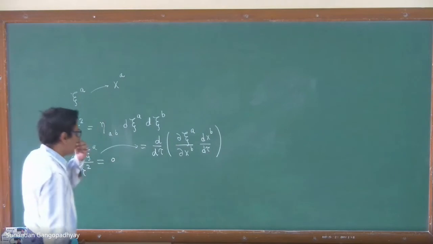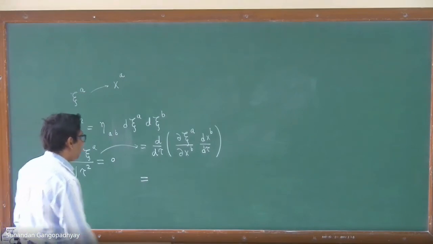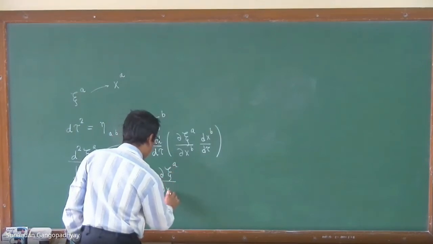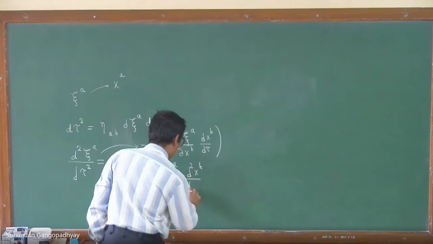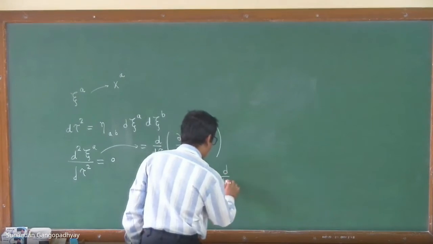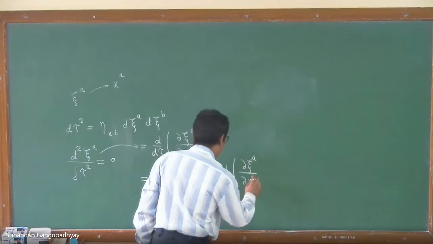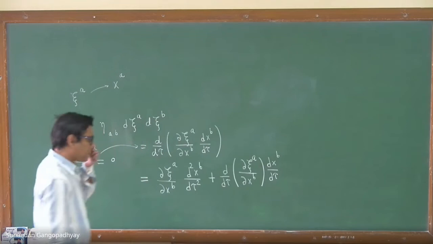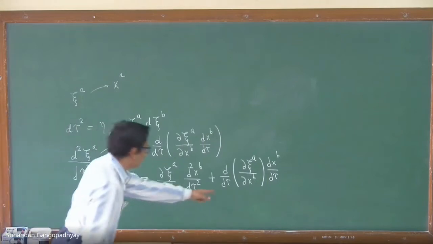Since ξ^a are functions of this arbitrary coordinate system, from here you can write this plus, therefore this expression is equal to 0.